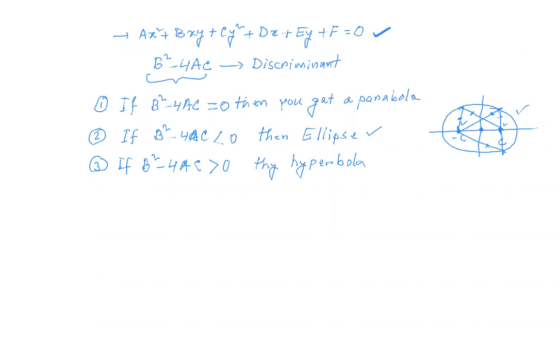This is the most general form of the conic section equation. Most general form of a conic equation: ax square plus b times xy plus c times y square plus dx plus ey plus f is equal to 0. It's easy to remember.